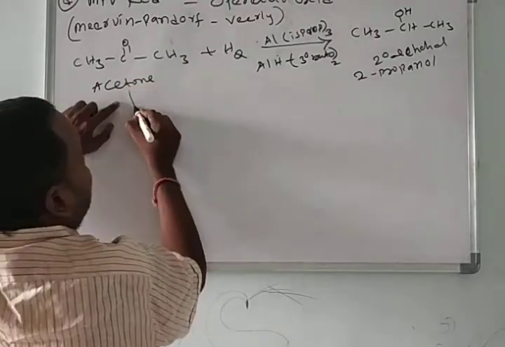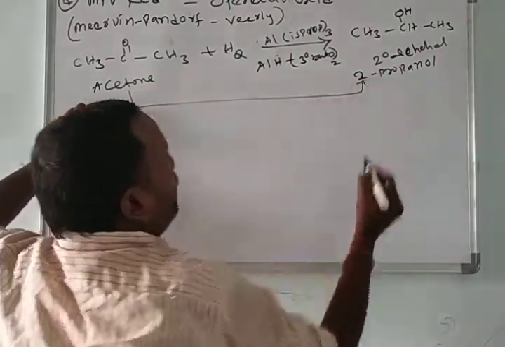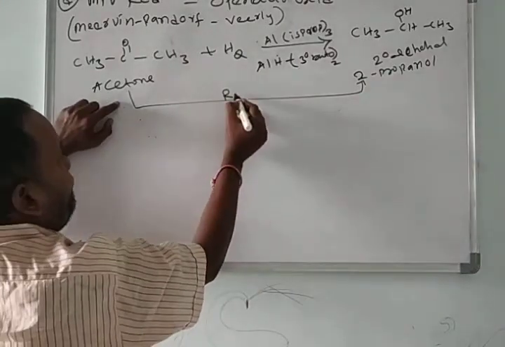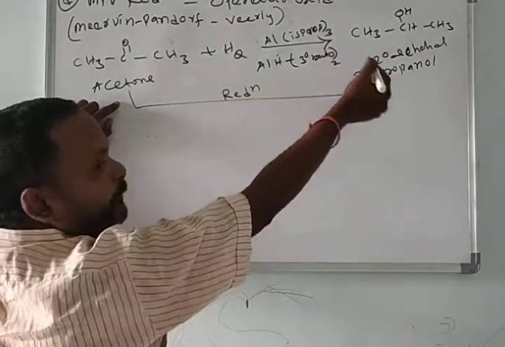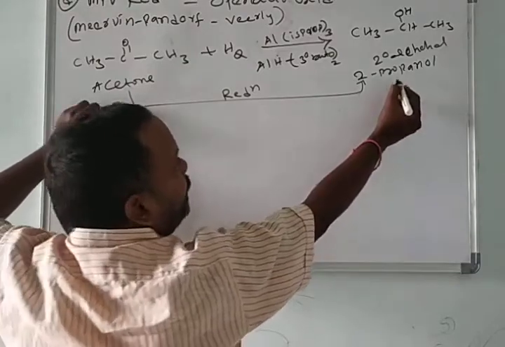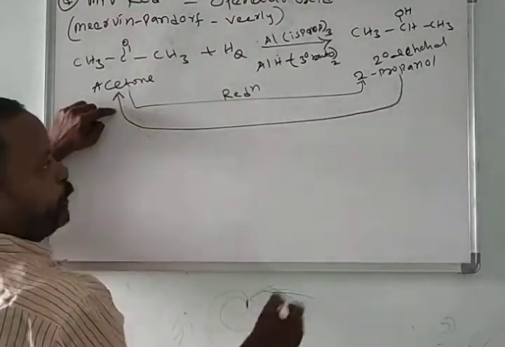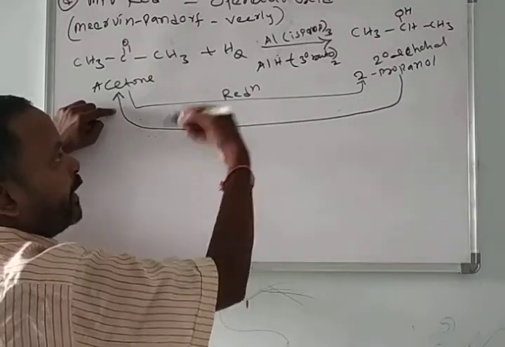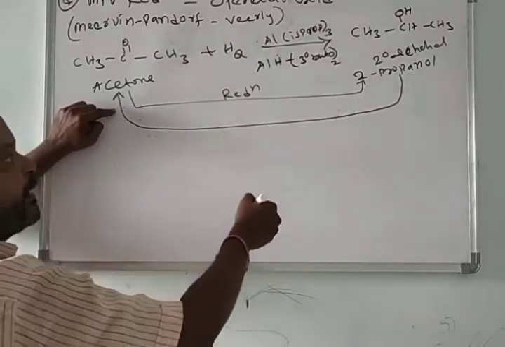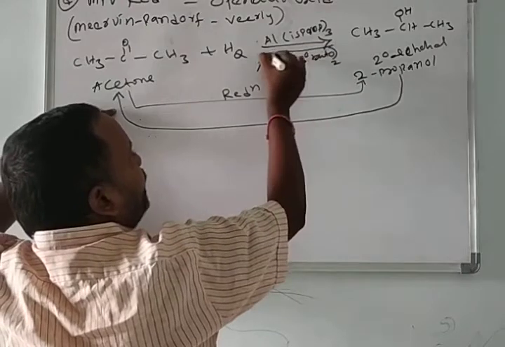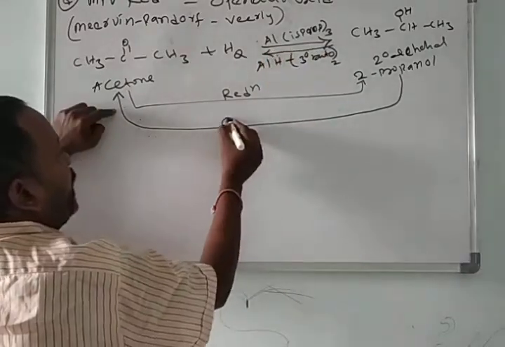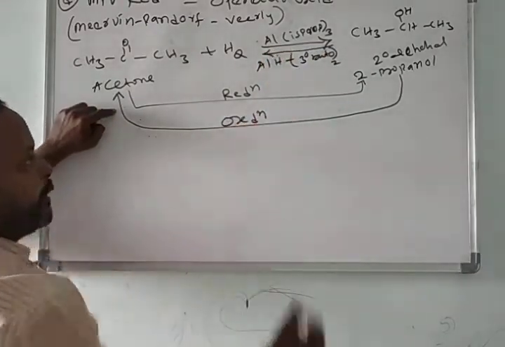Okay, here this reaction we called as reduction. Forward reaction we called as reduction. 2-propanol loses the hydrogen and forms acetone in the presence of the same reagent. Okay, we called that oxidation.